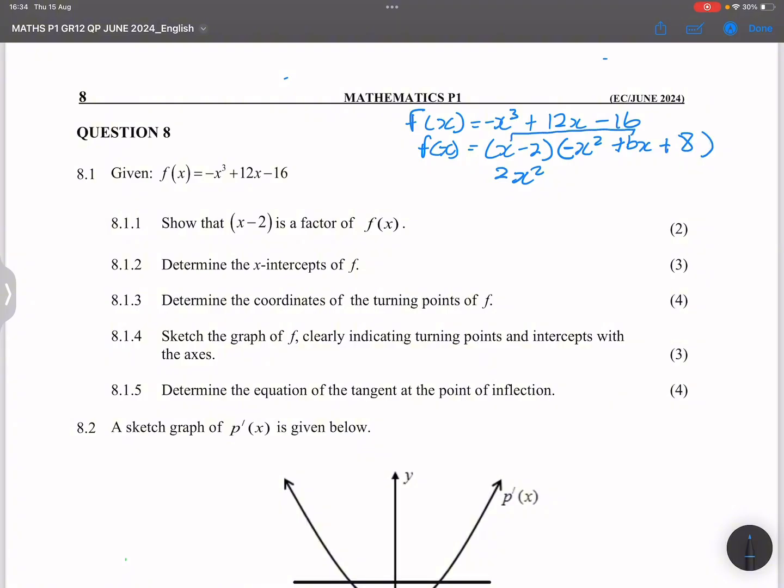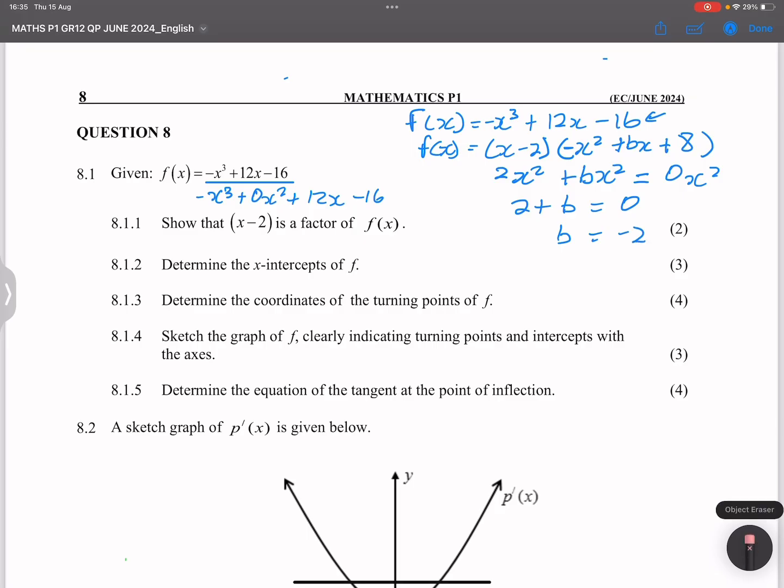That's x times bx, which gives us bx squared. Now note, this will give us the x squared term in our original equation. But what's our x squared term? This is the same as minus x cubed plus 0x squared plus 12x minus 16, so our x squared term is 0x squared. So let's drop down the x squareds. That's 2 plus b, which will be equal to 0. And so b will be negative 2.